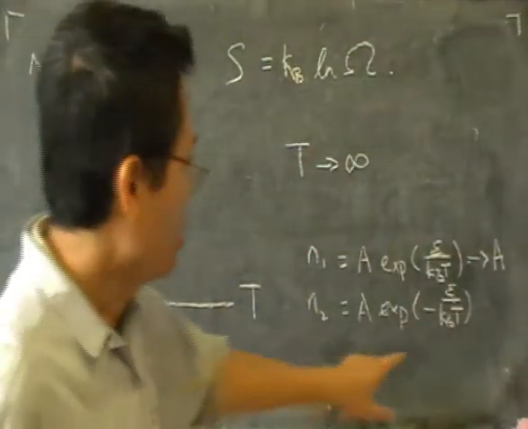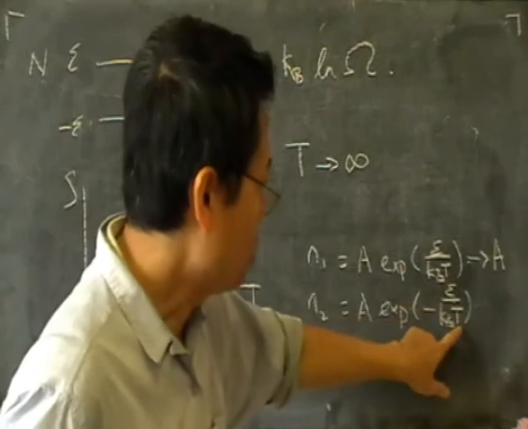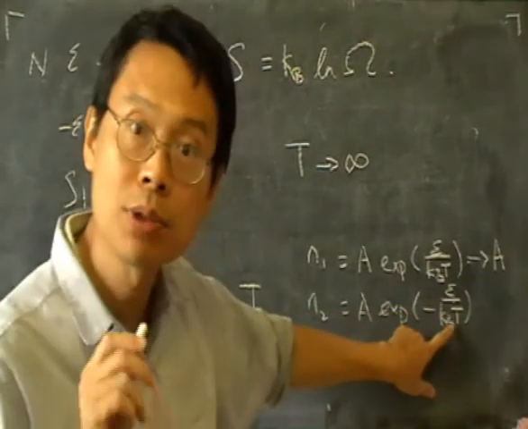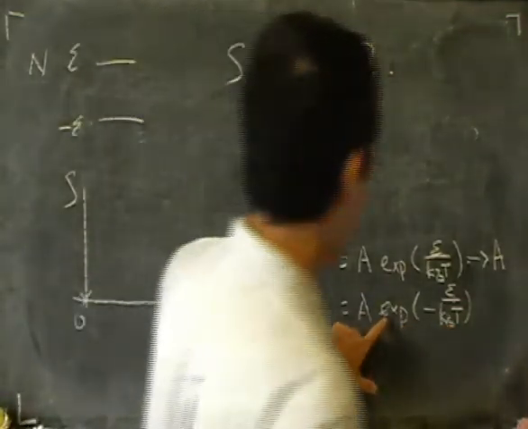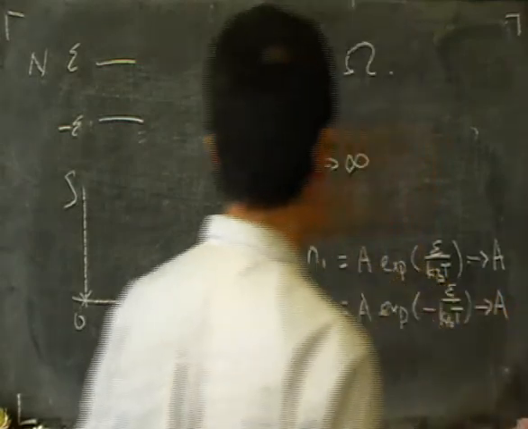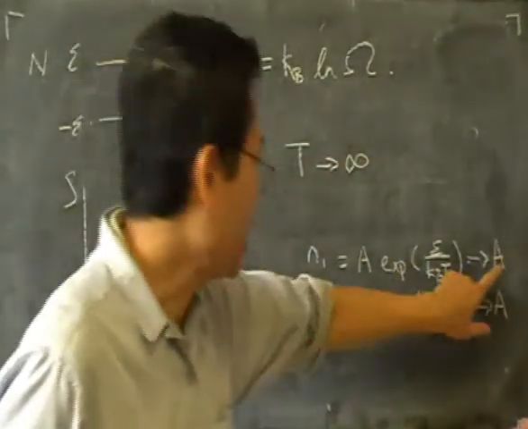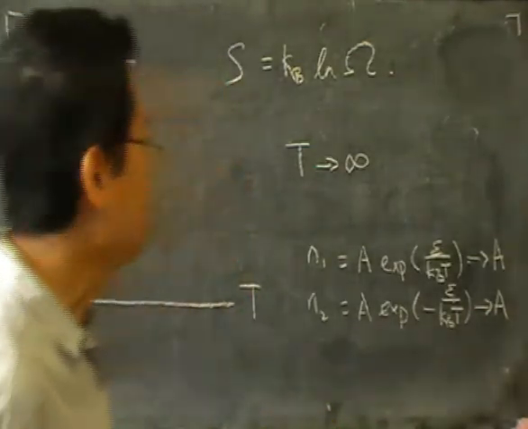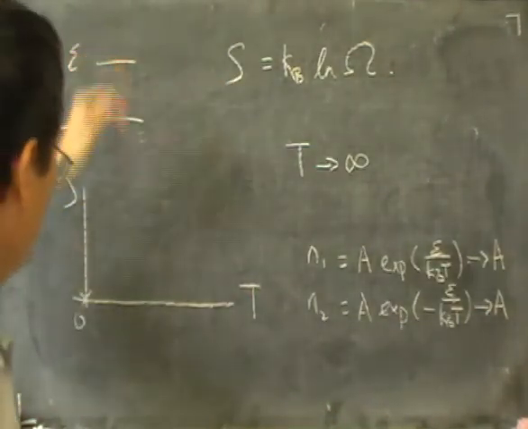Now n2. Likewise, when t goes to infinity, e over t becomes 0, so exponential of 0 is 1 and we have just a here. So n1 goes to a, n2 goes to the same number. And that means that there will be the same number of particles in both levels.